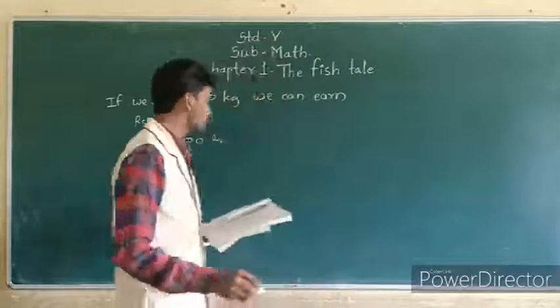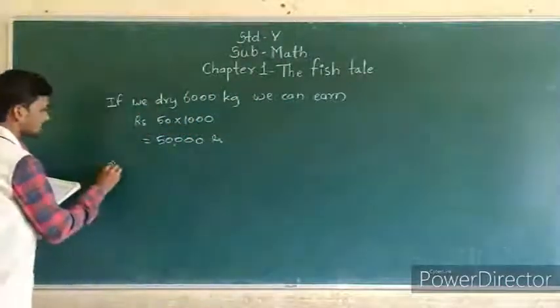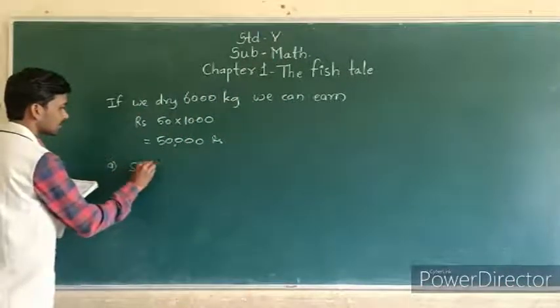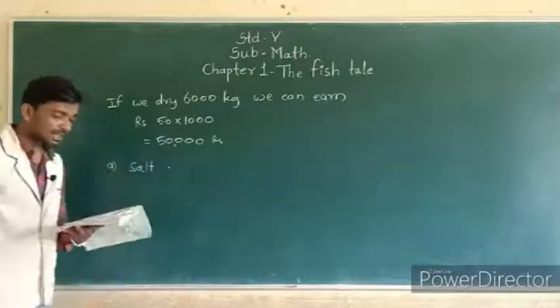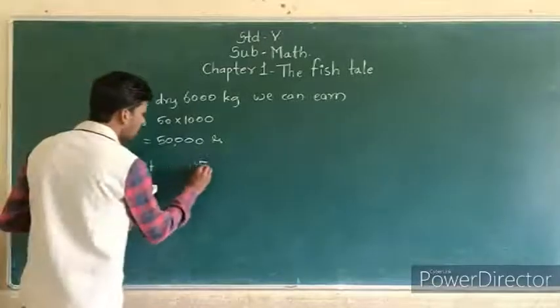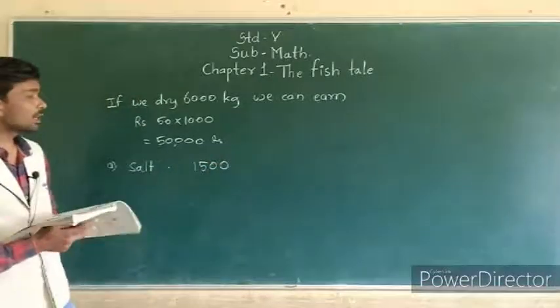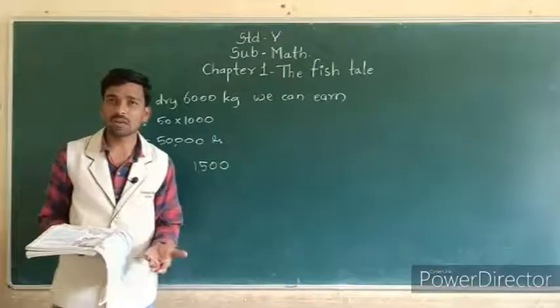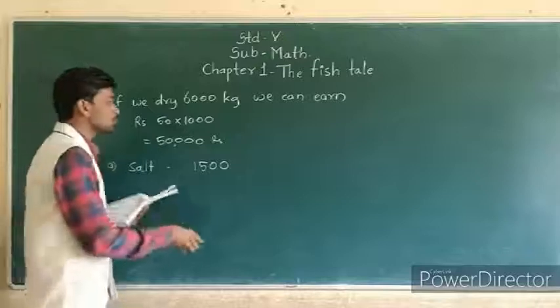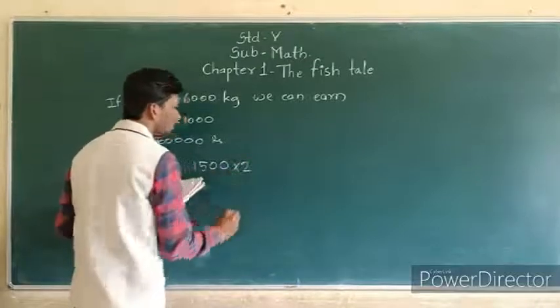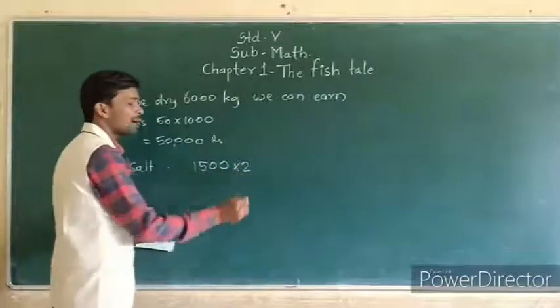See, first one is salt. In 1 month they require 1,500 kg of salt, and the cost is 2 rupees per kg. So I will multiply by 2.